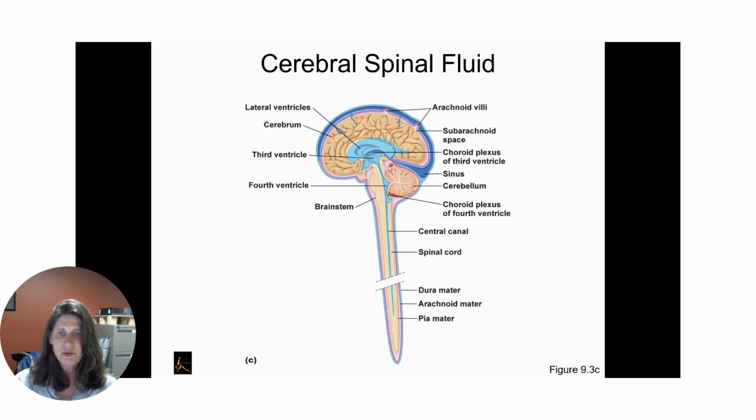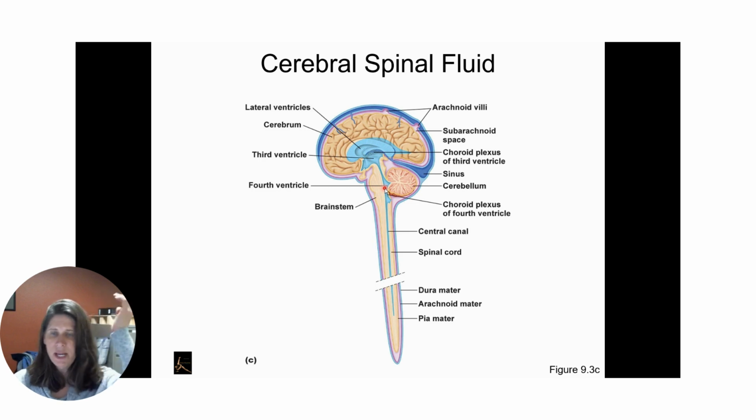Here's another picture where you can see the brain and the spinal cord, the ventricles along the inside where cerebral spinal fluid is, which is another protection. The cerebral spinal fluid is along the inside of the brain and the spinal cord, and it also bathes the outer portion within the arachnoid mater, and it cushions our nerve tissue there.